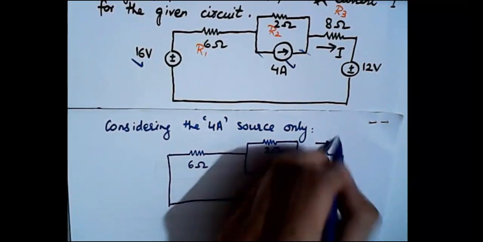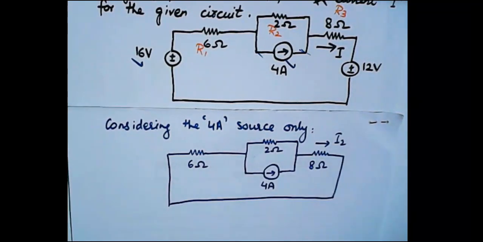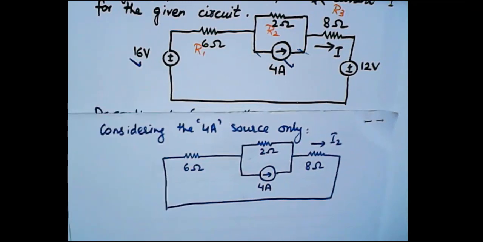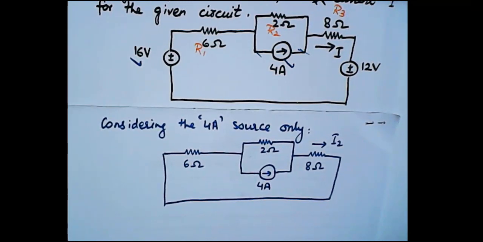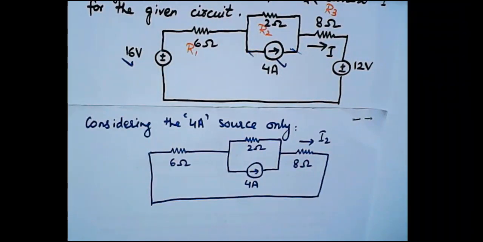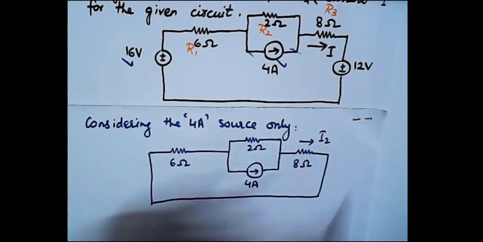And this will now become I2, rather I2, yes. Or even we can name it as I naught 2. So just name it as I naught 2, it will be better.